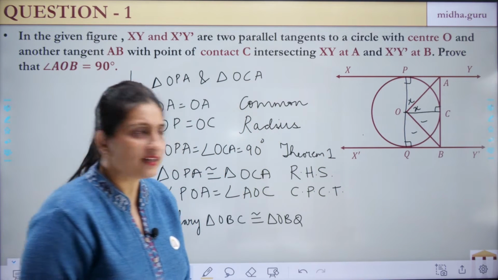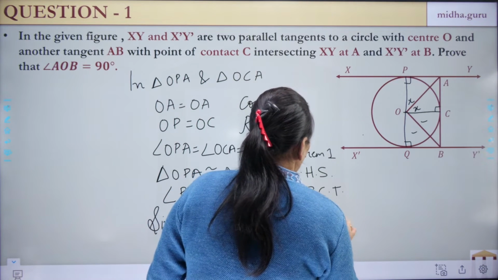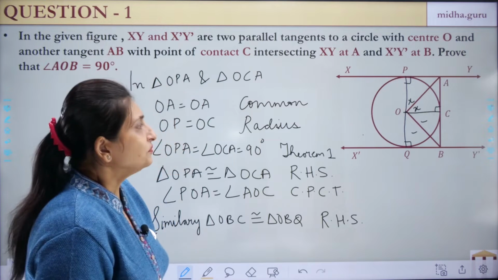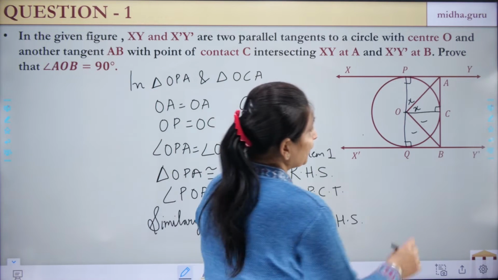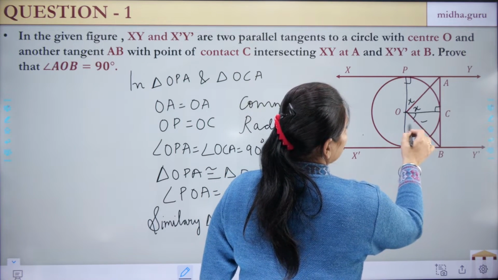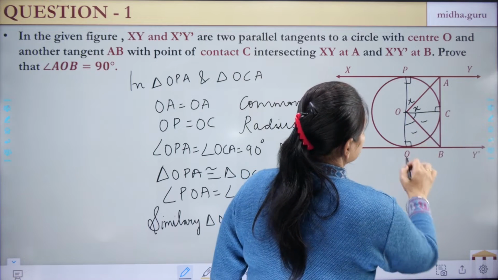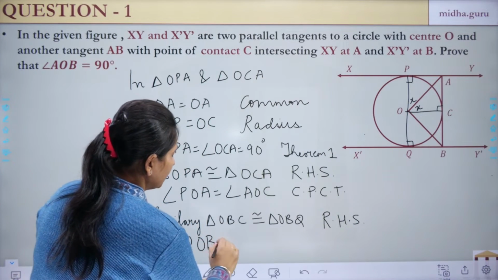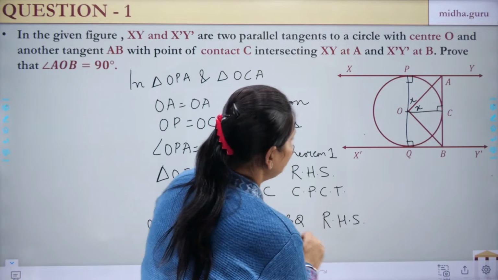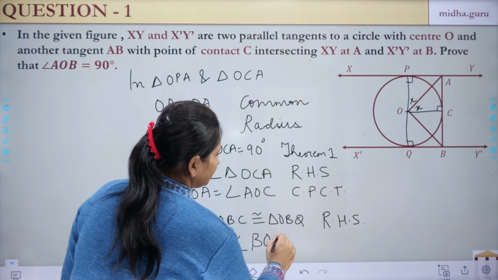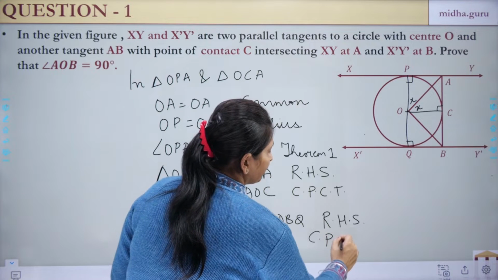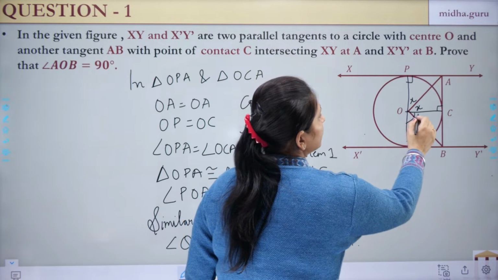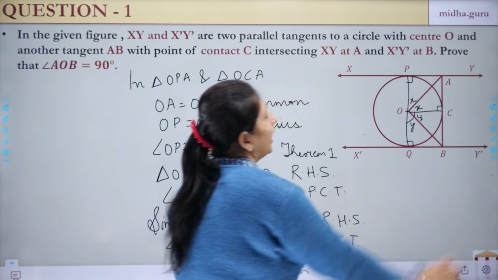By RHS criteria, these two triangles are congruent. After proving them congruent, we can say angle BOC is equal to angle QOB, again by CPCT. Assume these two angles as y.